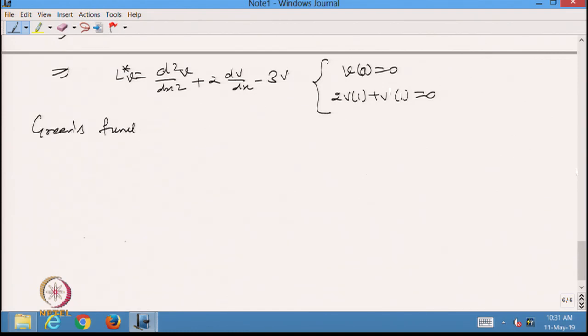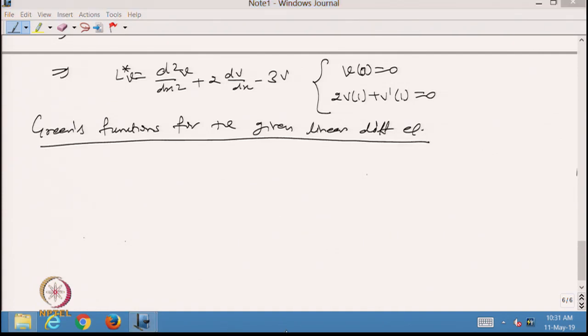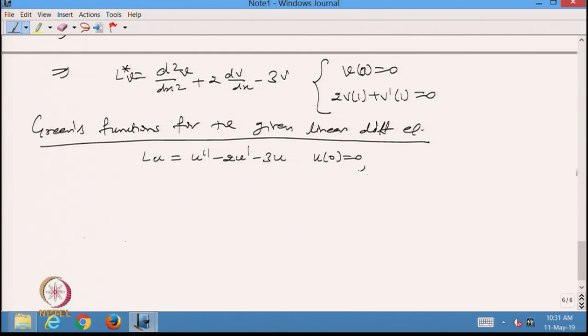Green's function for the given differential equation. We started with this equation, that is my Lu equals u'' minus 2u' minus 3u, with the condition that u(0) is 0 and u'(1) is 0.